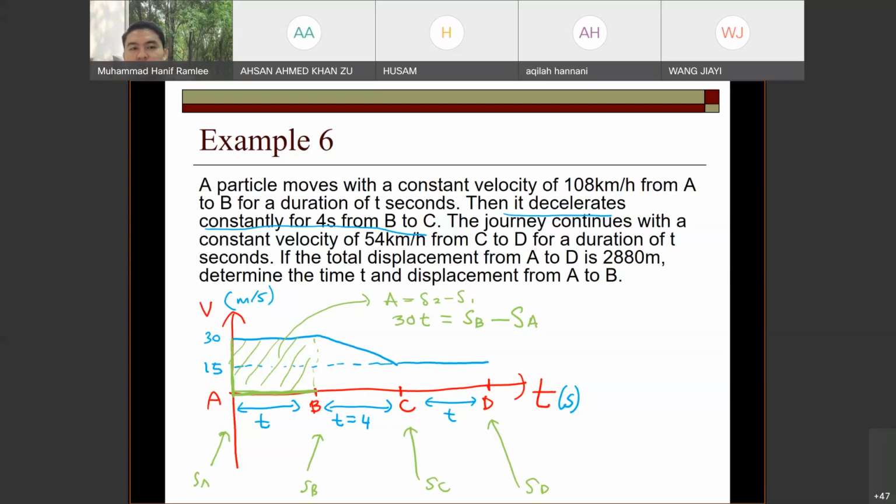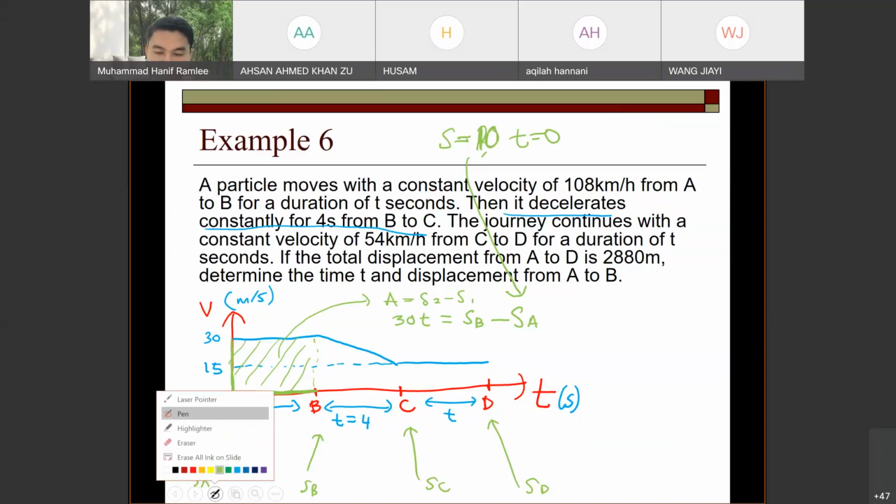But you can get the value of SB because SA is 0. At the beginning, SA should be 0 if there is no information about the S when T equal to 0. If the S is given, let's say S is given as 10 in the question, you have to use S equal to 10 to replace this one, and you will get SB. But from this question, there is no S value when T equal to 0.